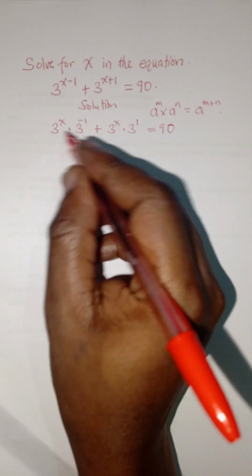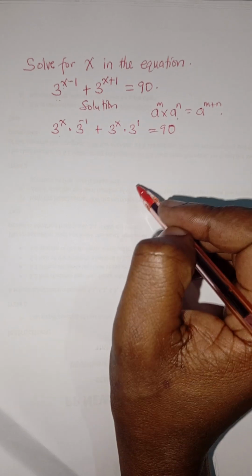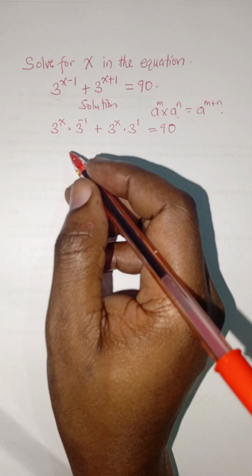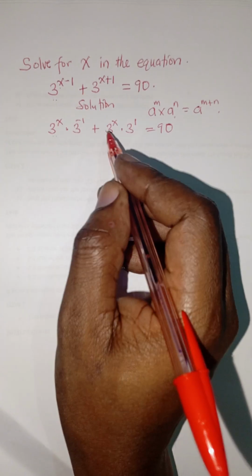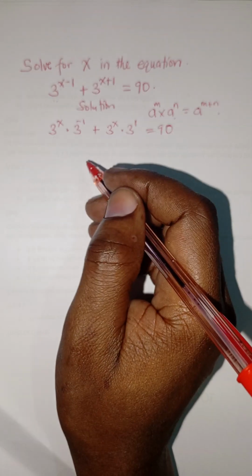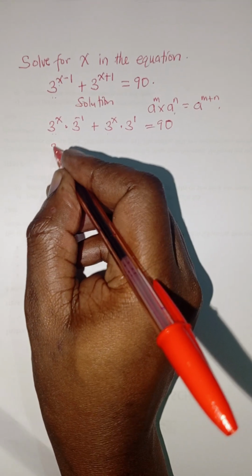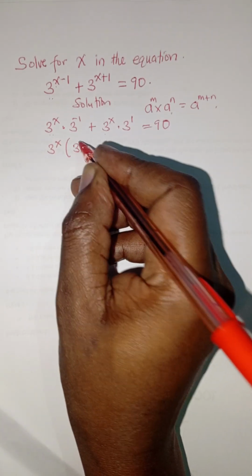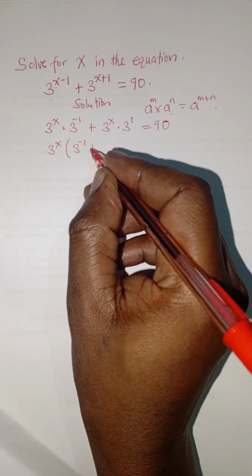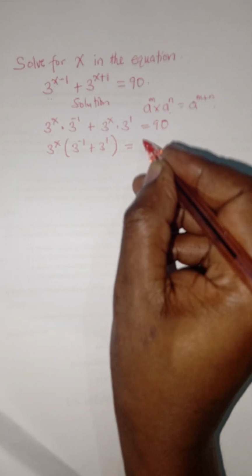Using this law of indices, I can see 3 to power x here and 3 to power x here. So it is a common factor, and I'm going to factorize it out. 3 to power x. What I will be left with is 3 to power negative 1 plus 3 to power 1, which is 3, is equal to 90.